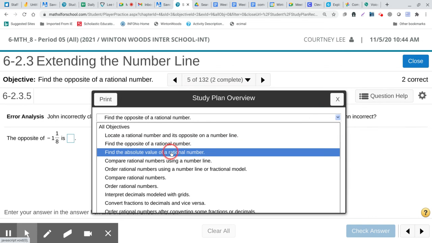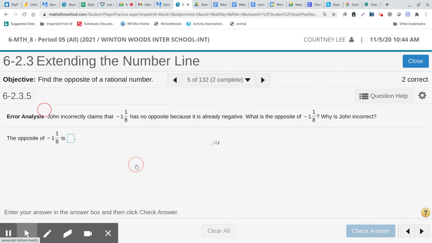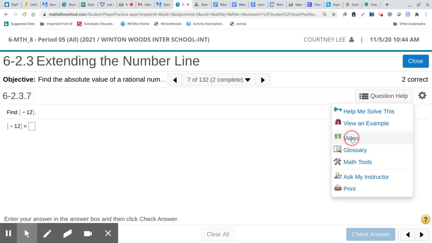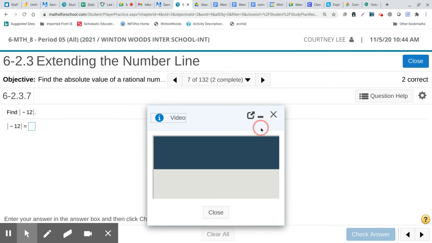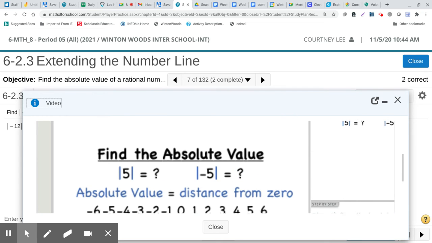Find the absolute value of a rational number. Next objective. Let me look at the video because I don't know what an absolute value is. I'm teasing. I know what it is, but you guys probably don't know what it is. So let's find out what an absolute value is.